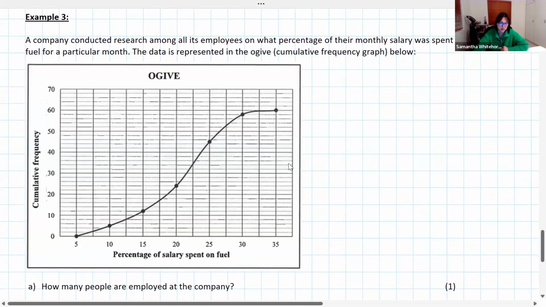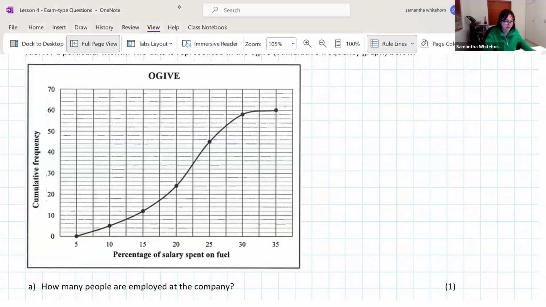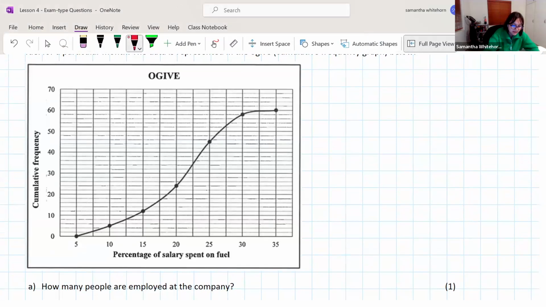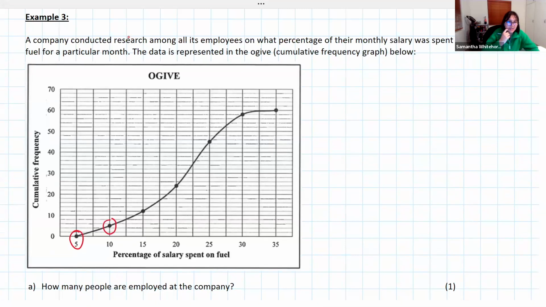There it is, sorted. Now guys, what I want you to bear in mind is that you don't have the table that goes with this. So you now need to think back to what the table should look like in order for me to get these points. Firstly, your very first interval starts at 5 and goes up to 10, because that would be the lower limit of your interval.